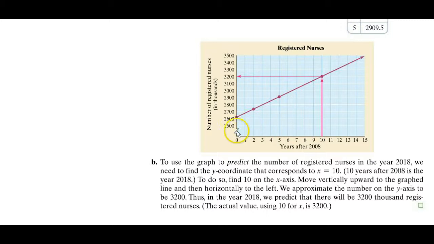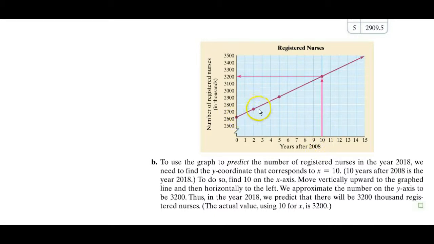Now, as we mentioned earlier, notice that this little part right here indicates a lot of the graph has been left out, because we're only interested in this area up here where the graph actually applies to data. So if this is 2008 right here, this is years after 2008, this would be 2018.